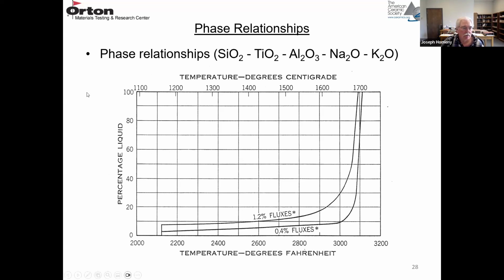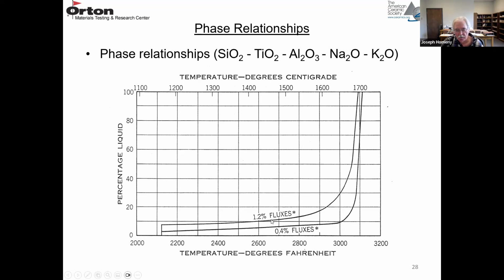So if you plot the percent liquid that forms versus the temperature, at the bottom here it's in degrees F, in the top part of the diagram it's in degrees C, and it's 0.4% fluxes and 1.2% fluxes. You go along here at, let's say, 0.4% fluxes, and you get to about 1650 degrees C, you have 10% liquid. But as you increase the temperature, you can see how fast this refractory deteriorates and how much liquid forms.